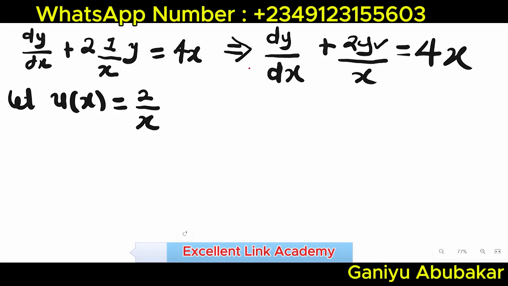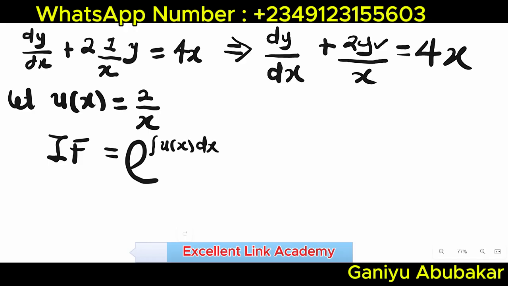Now, after getting u of x, the next task is to get your integrating factor, IF. We said the integrating factor is equal to exponential of the integral of u of x with respect to x. That was said last class.